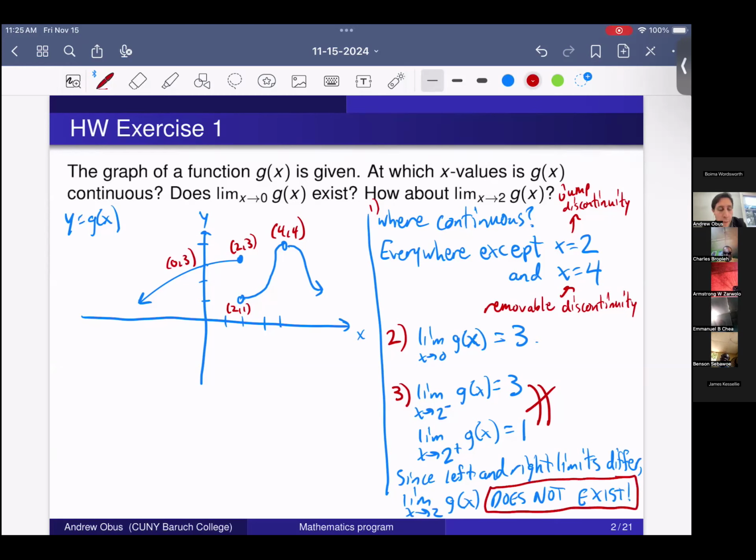Even if the two one-sided limits exist on each side, they have to agree with each other in order for the total limit to exist. A place where the total limit exists would be a point like x equals 4, where the limit of this function is 4, regardless of which side you approach from.